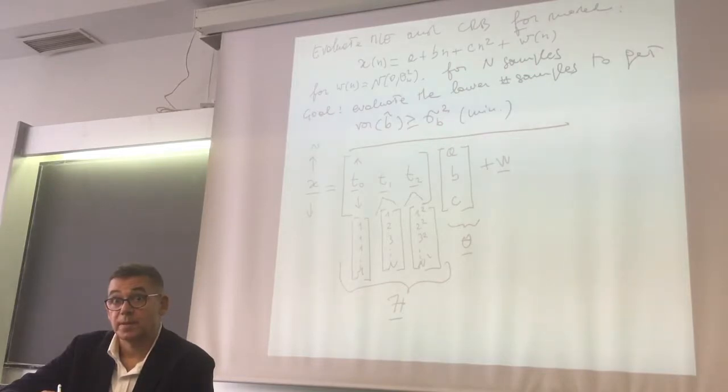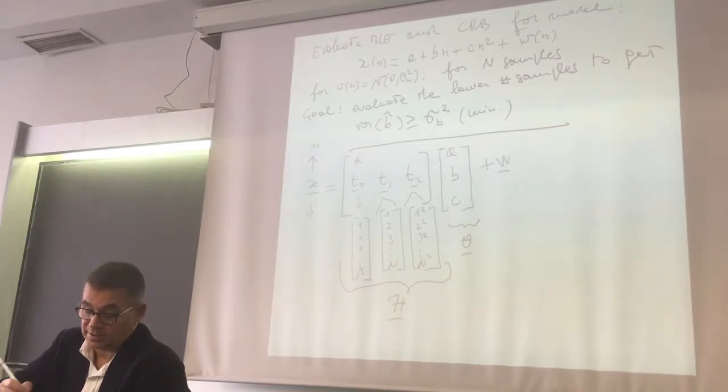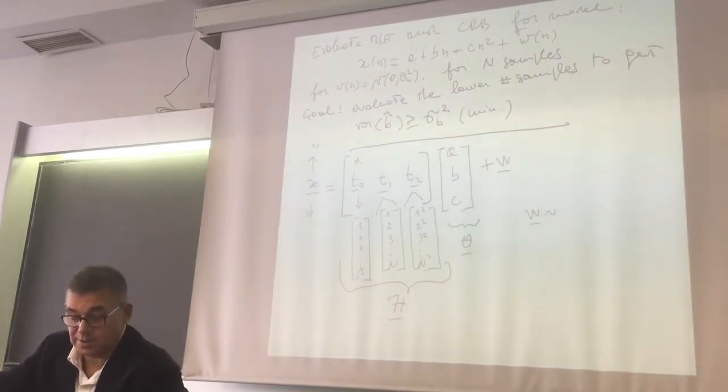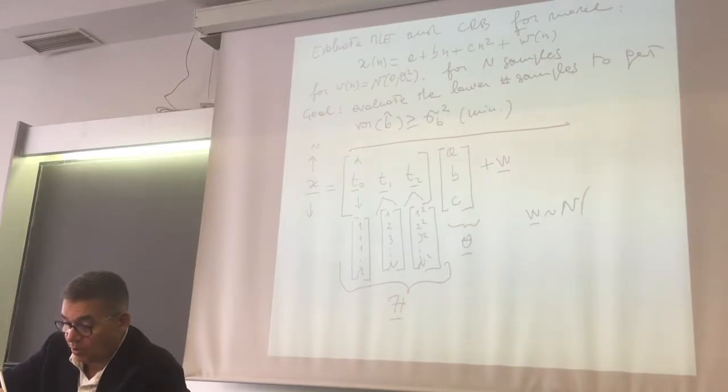What I know in addition to that is that W, since the samples are white, is normal with zero mean and sigma squared W multiplied by identity.